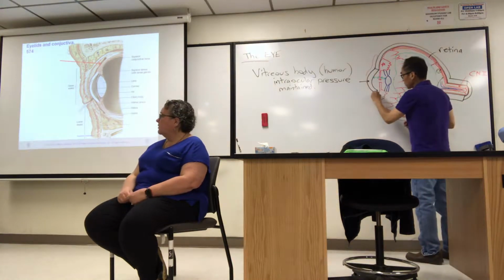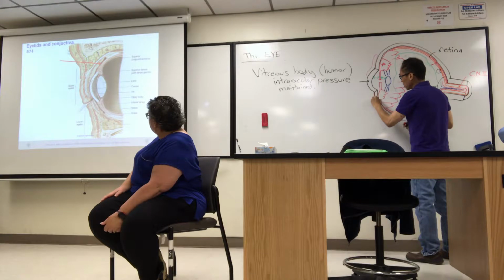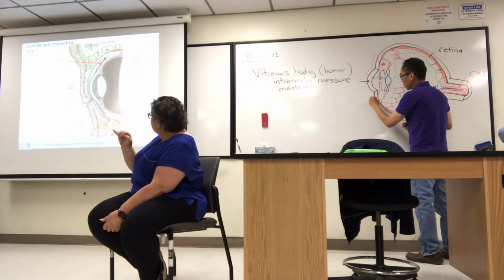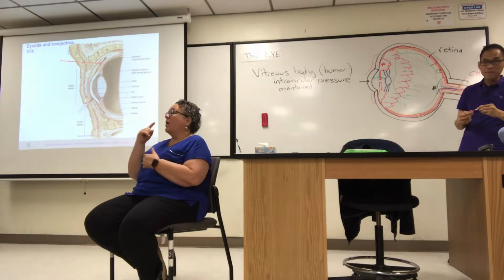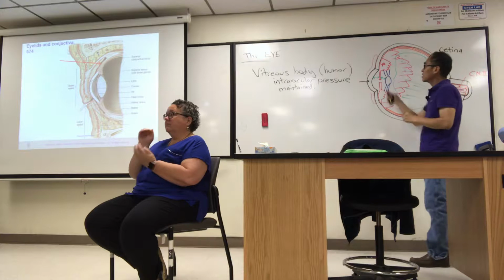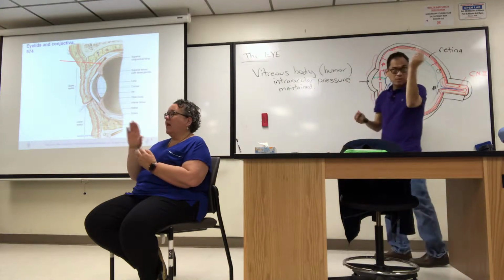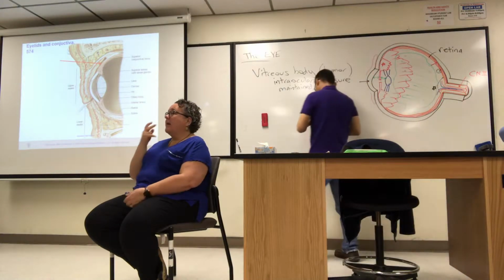Draw a little pocket here too. It's basically lining the inside of your eyelids and part of your eyeball to create that little pocket or recess right there. But anyways, what I drew in the pink line, that's conjunctiva.